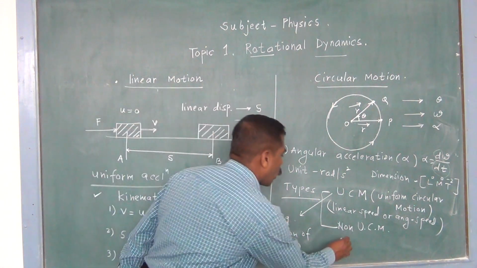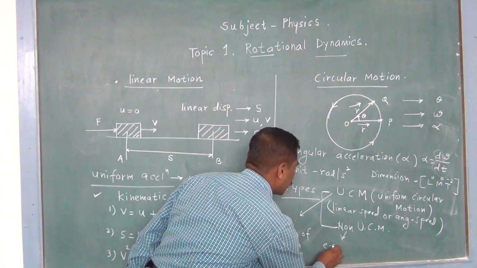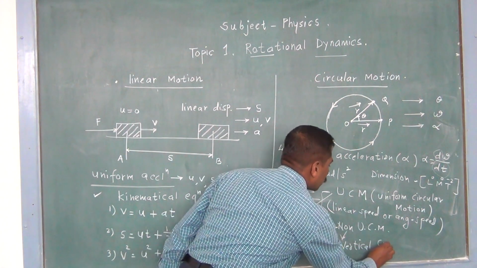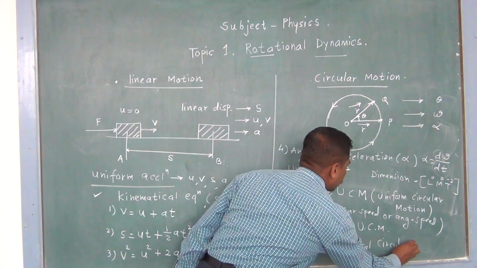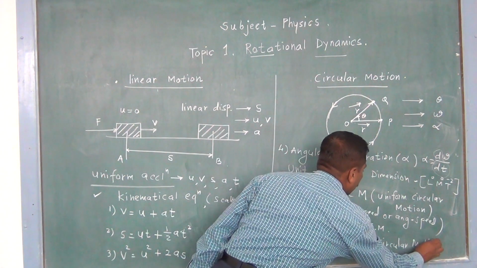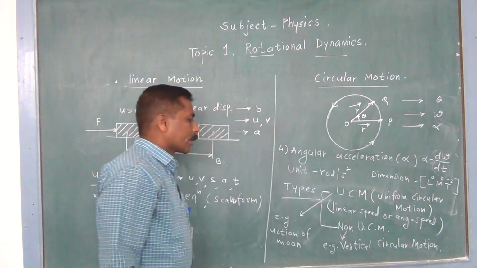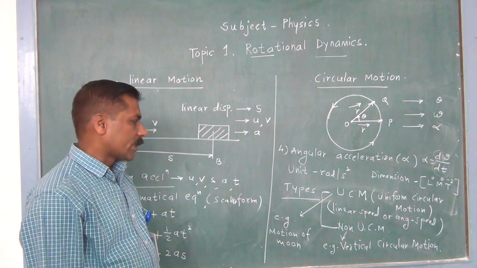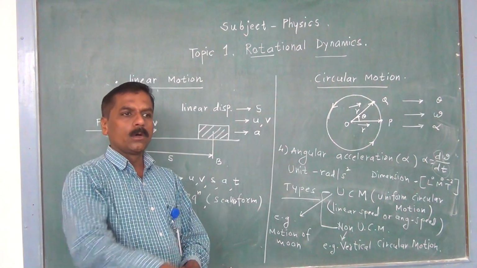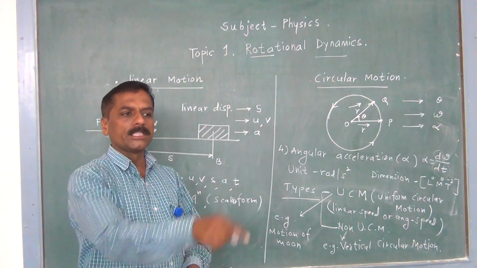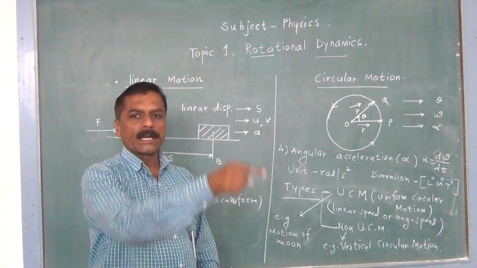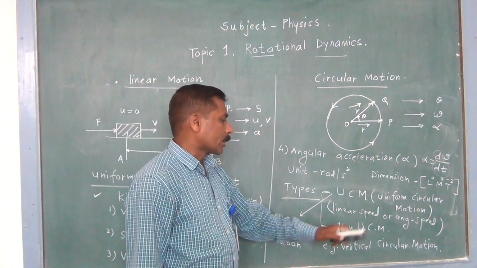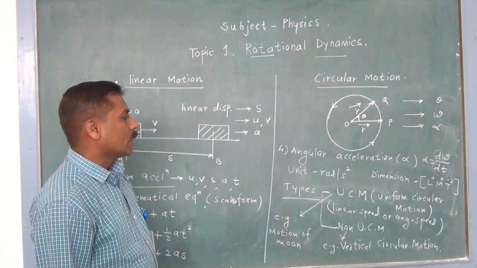In case of the non-UCM, you can consider the example of vertical circular motion. Where have you seen vertical circular motion? You have seen the merry-go-round. The swings we see at fairs, in which a particle goes up and comes down again in a vertical circle, we call vertical circular motion.